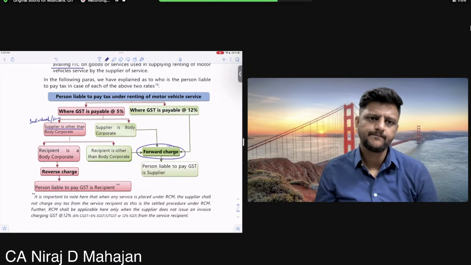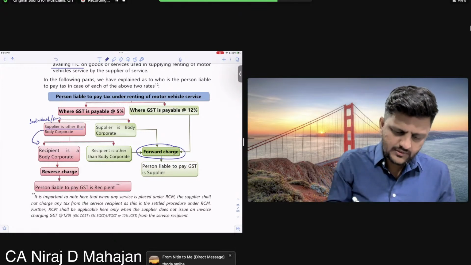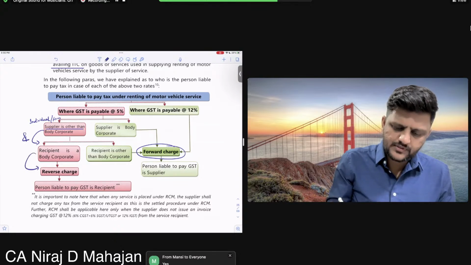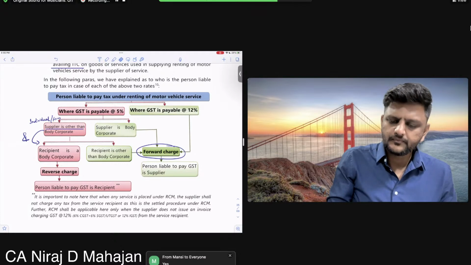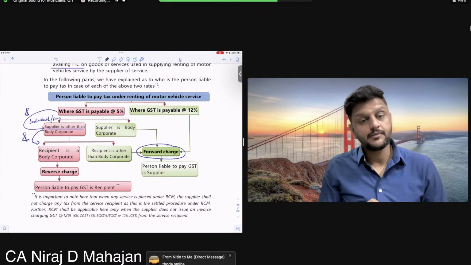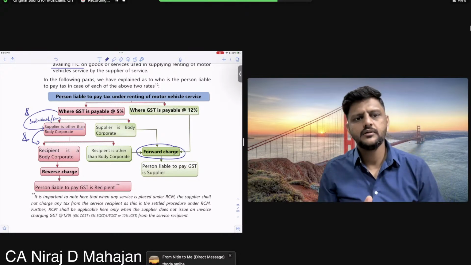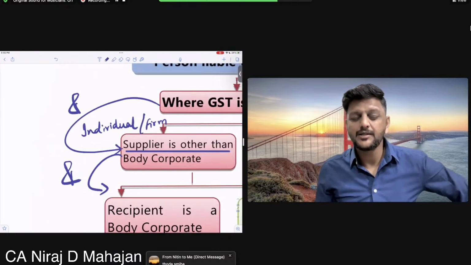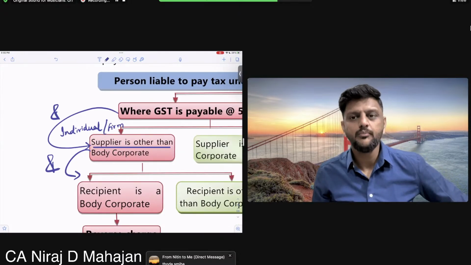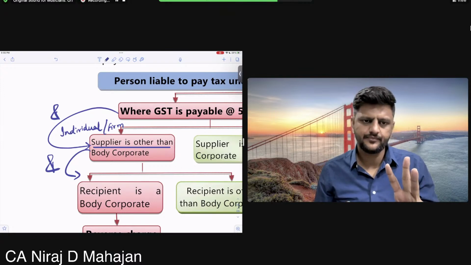Only when those three conditions are satisfied is RCM applicable.